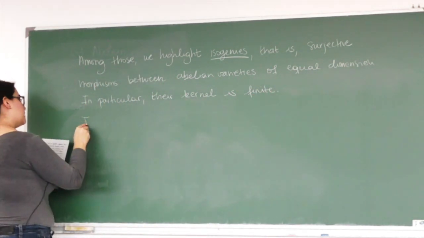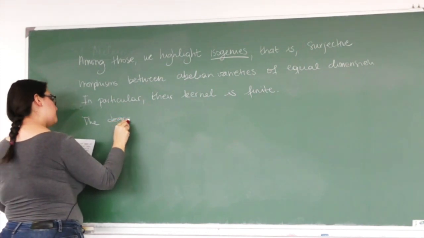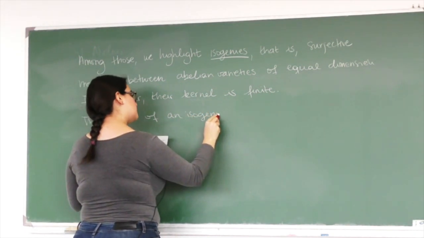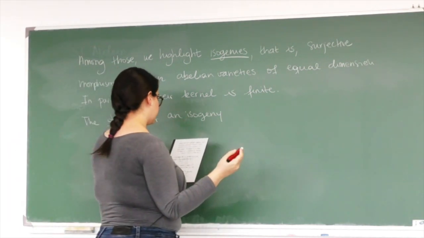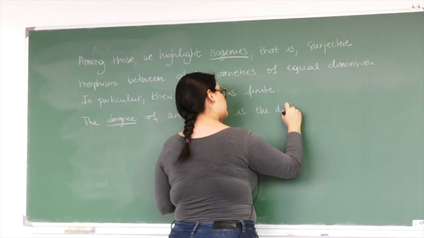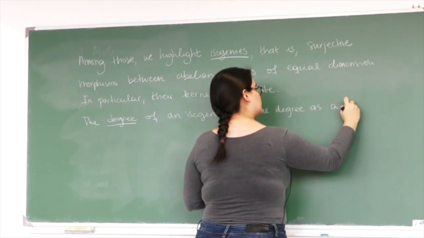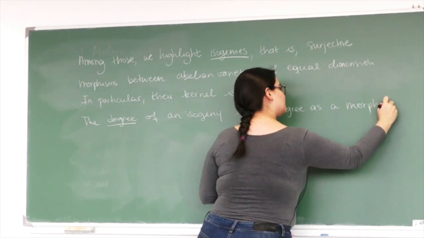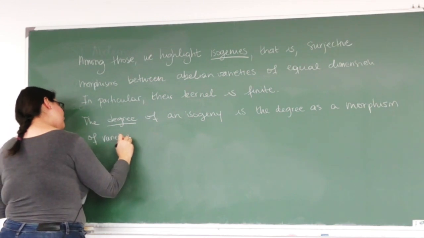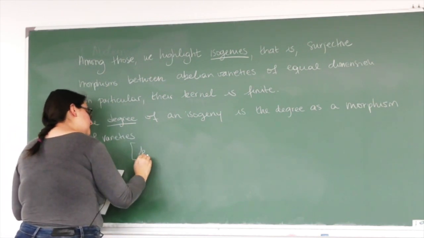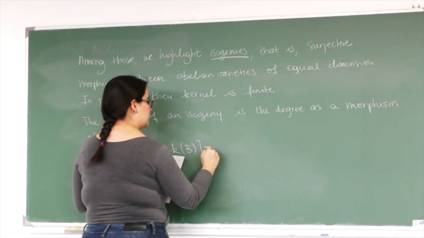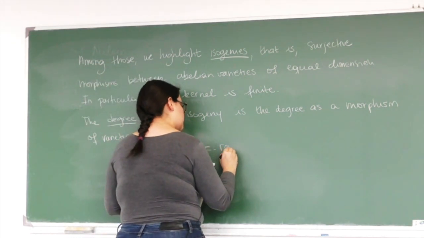And we define the degree of an isogeny as the degree as a morphism of varieties, or what we would write as K of A over K of B, and we define this as the rank of the kernel.